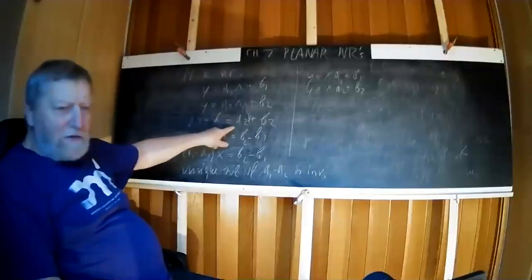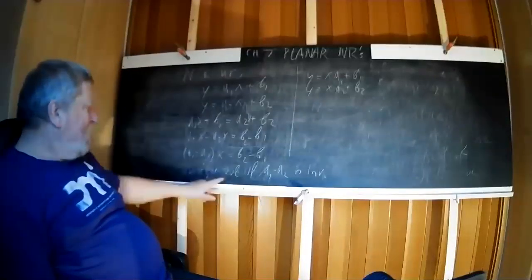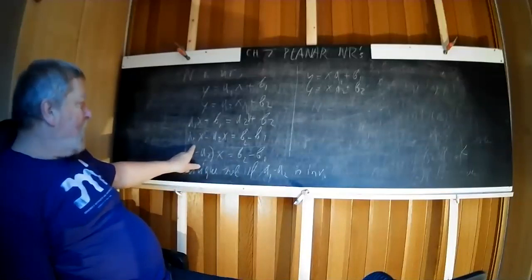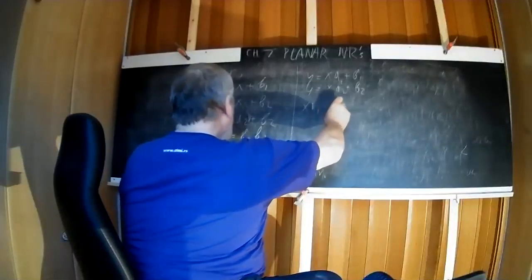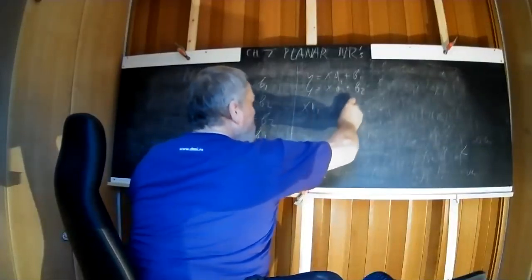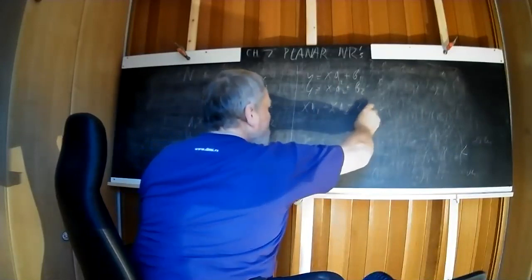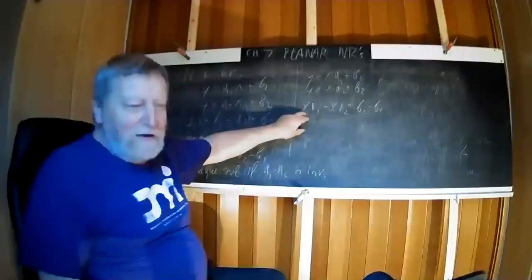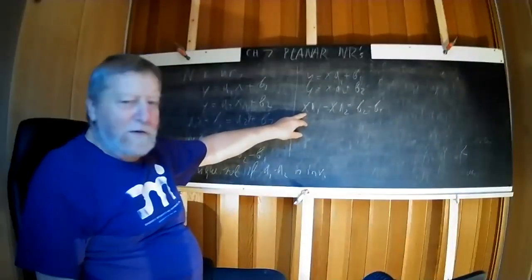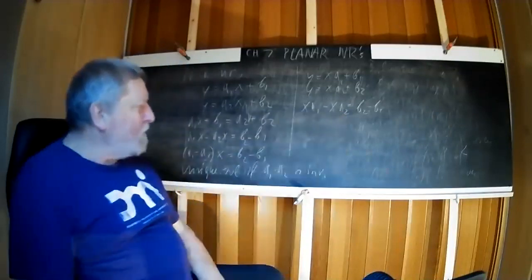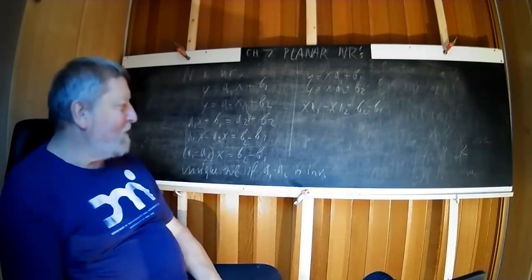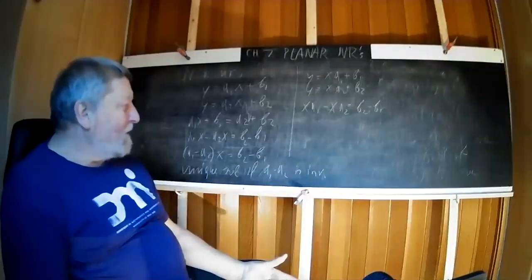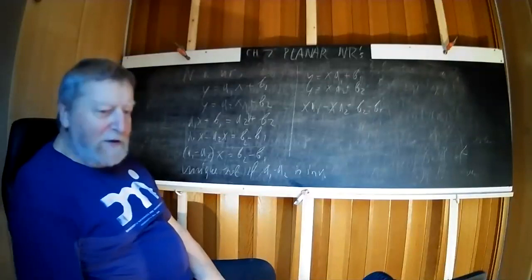We can do the same thing until here, but in here we see that we get xa1 minus xa2 is b2 minus b1, and now it's hopeless because we don't have the suitable distributive law to take x out, and we simply have to stop here because we cannot do anything else.